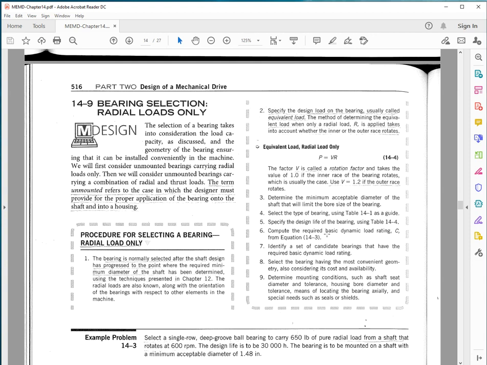This could be the case of bearings mounted on shafts that carry helical gears, and by the mesh of a helical gear pair you also have thrust load generated, as well as bevel gears. So you have bevel gears in use, and their shafts are also subject to thrust load.